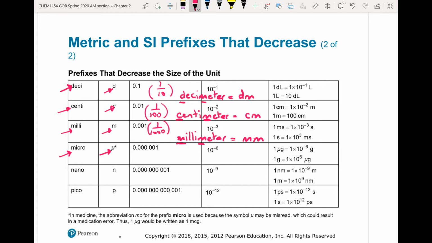That's what the symbol for micro looks like, and you pronounce that as mu. It means micro, or 1/1,000,000th of something.